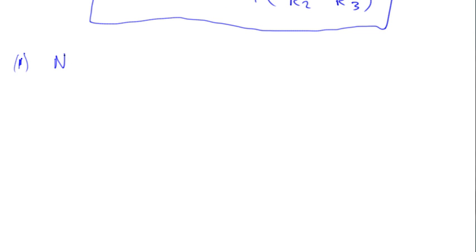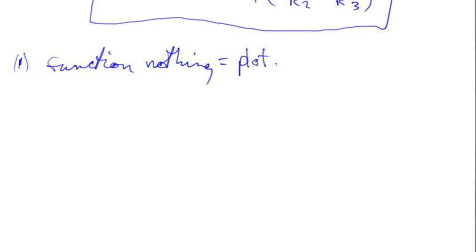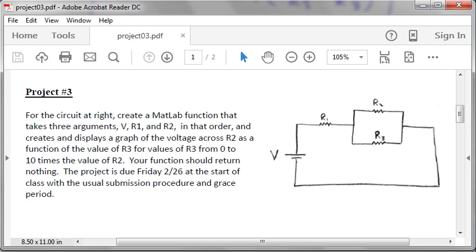So function nothing equals, I'm going to call it plot V2 of, and the project direction told me very specifically what the arguments were: V, R1, and R2 in that order.